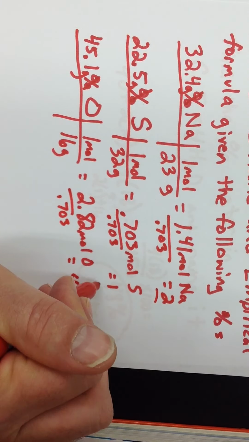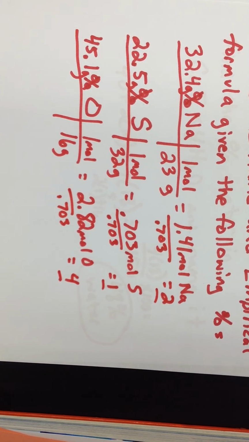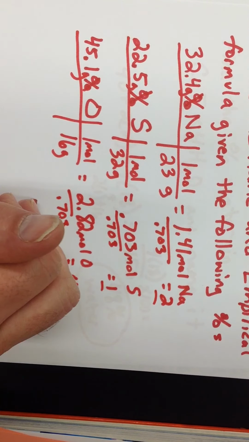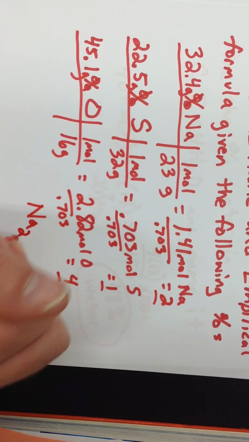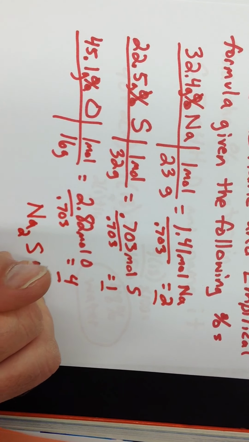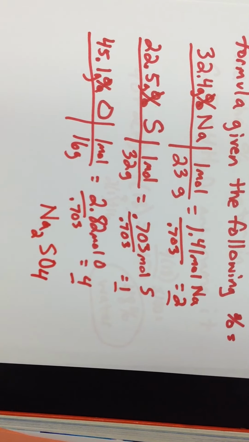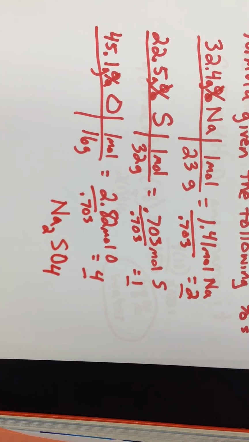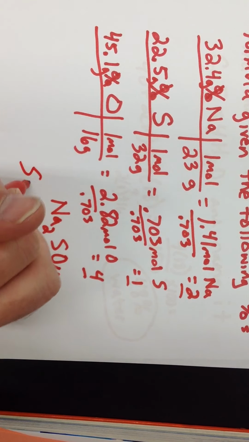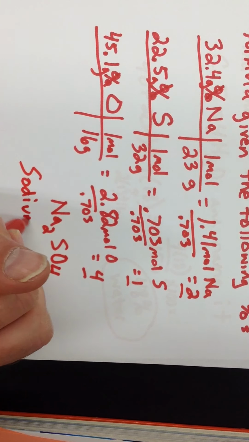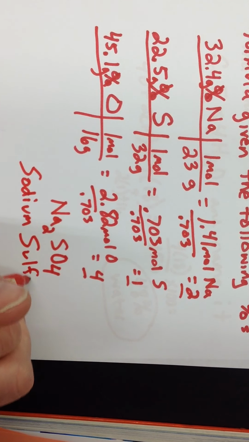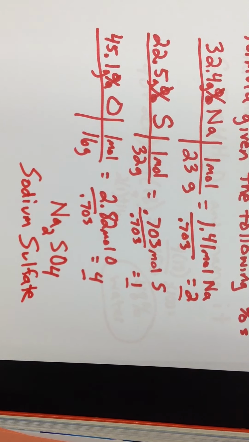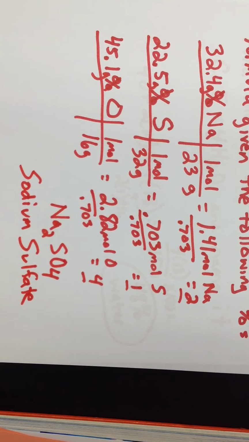You've got numbers of 2, 1, and 4. That tells you your formula. You're going to have 2 Na's, 1 S, and 4 oxygens. Now you hopefully can say the name of that formula, which is nothing more than sodium sulfate.